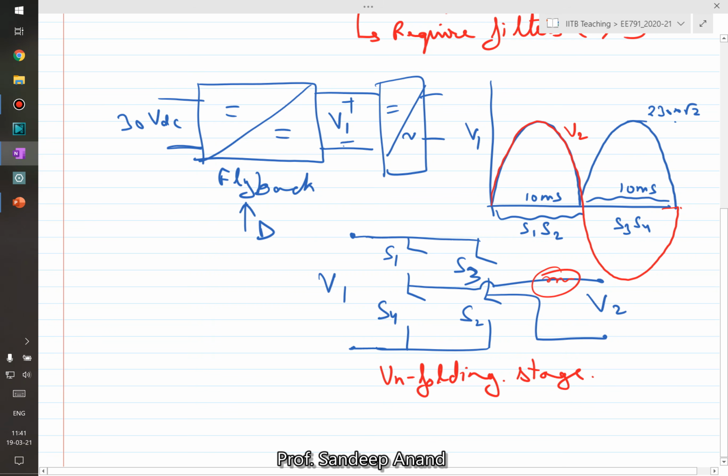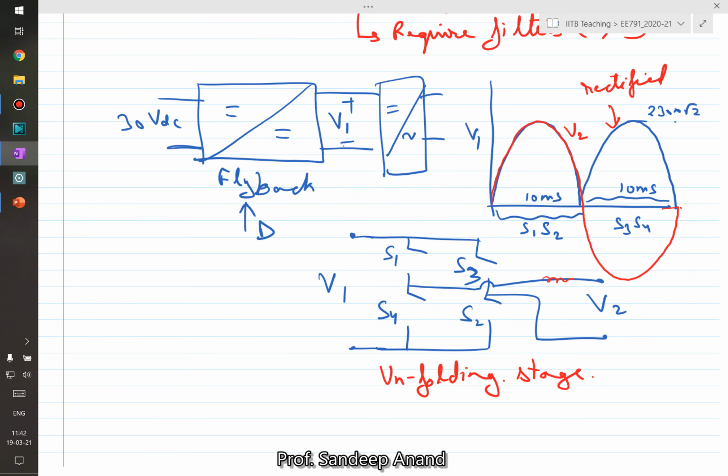And yes, there is conduction loss still happening, but it seems that there is an advantage of using this kind of quasi two-stage, where the first stage or the DC-DC stage generates a rectified sine wave, and the second stage produces the full sine wave by unfolding the rectified sine wave.